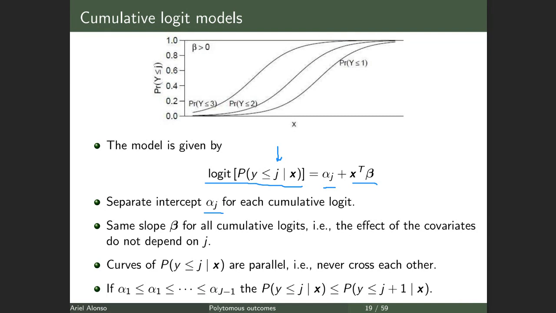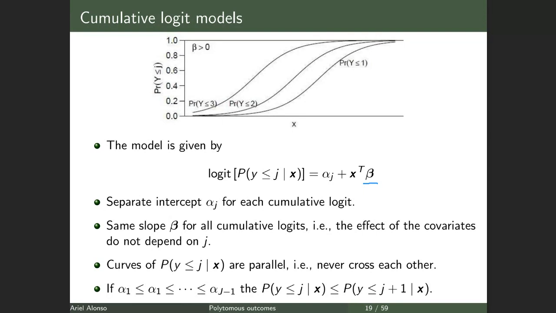And we are going to model, by the way, J minus 1 logits, right? So here we have a different intercept for each cumulative logit. But, and this is something important, the coefficients of the covariates, the betas, are going to be the same for all j. So the same slope for all cumulative logits. The effect of the covariates does not depend on j.